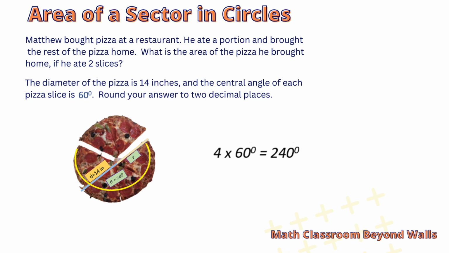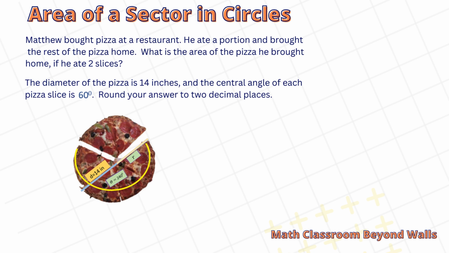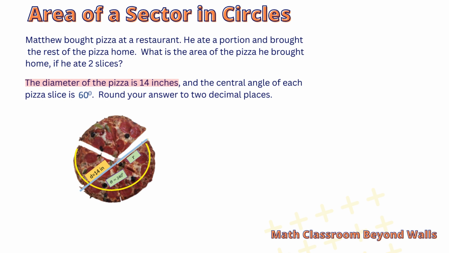This is the sector angle of the 4 slices of pizza that Matthew brought home. Next, let us determine the radius. The diameter of the pizza is 14 inches. Remember that the radius is 1/2 the diameter. So the radius must be 7 inches, correct?